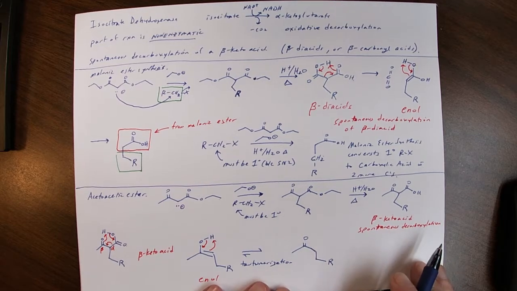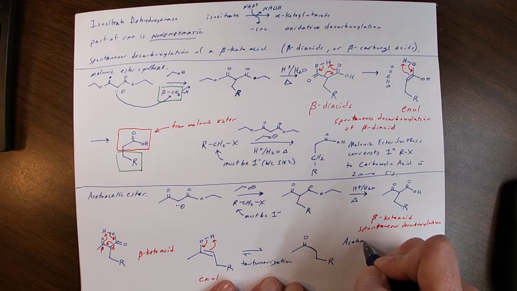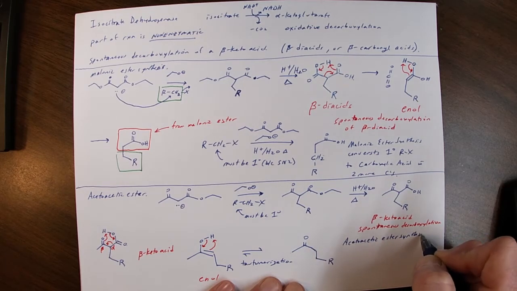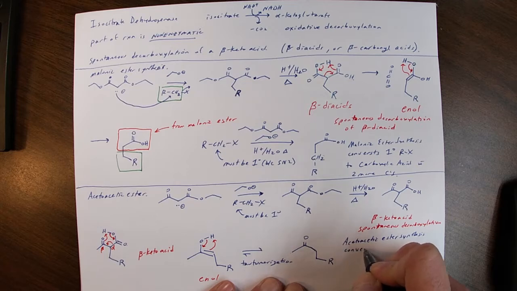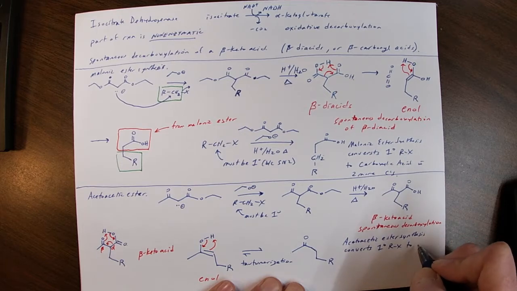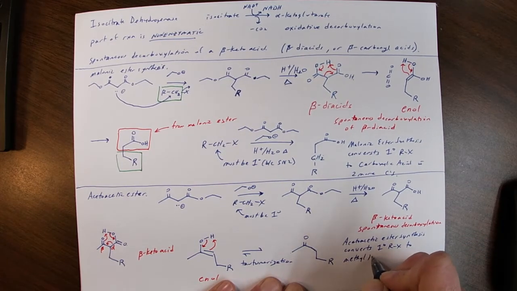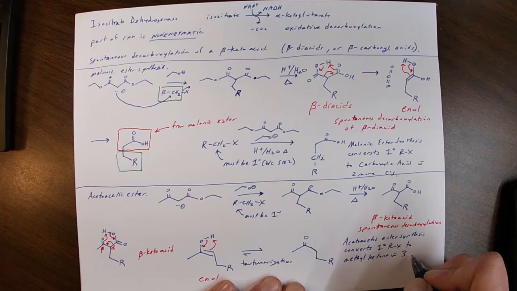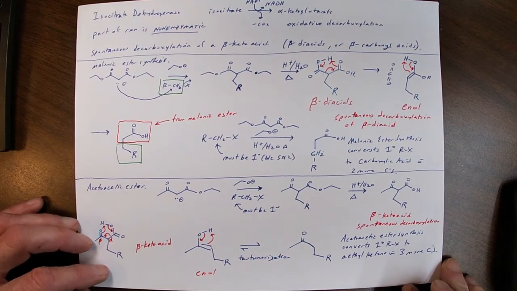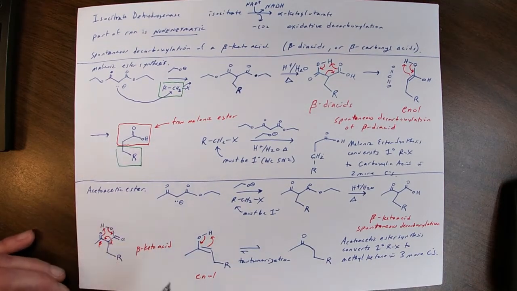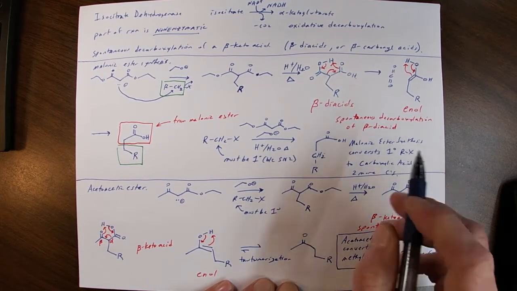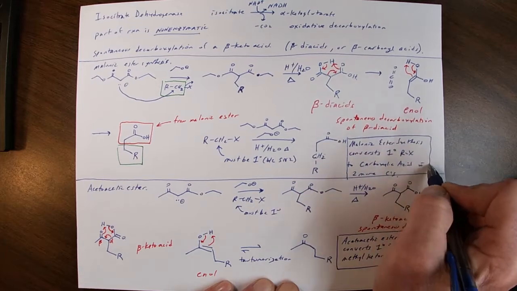Okay, so the acetoacetic ester synthesis, again, converts a primary alkyl halide to a methyl ketone with 3 more carbons. Okay, so if you're studying organic chemistry and reactions in organic chemistry and learn synthesis, these are 2 very important ones, and these are the nets that you get for the acetoacetic ester synthesis and the malonic ester synthesis.